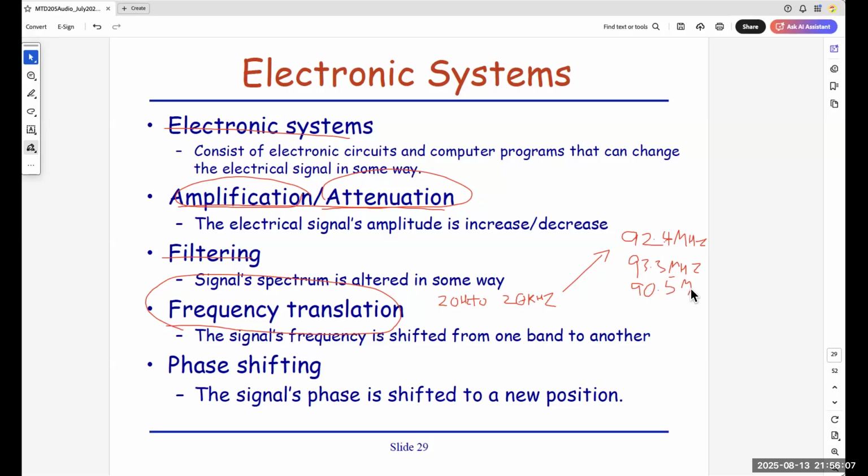All this is because it translates to a higher frequency, then transmits over the air and is received in your car. For Malay and Indian there are also some channels; forgive me if I do not know. And phase shifting means shifting from one spectrum position to another position, as we just went through. All the electrical systems and home systems have this ability to do that.